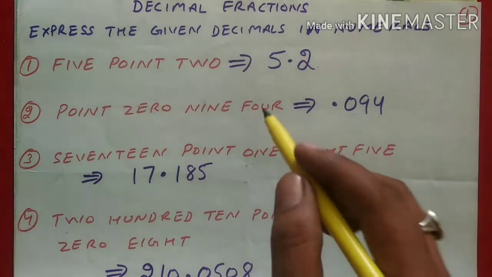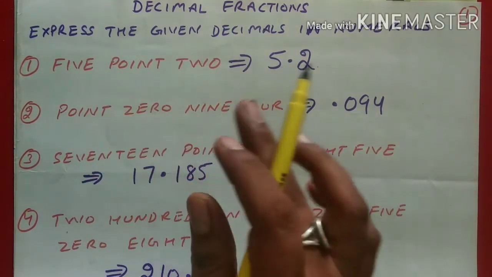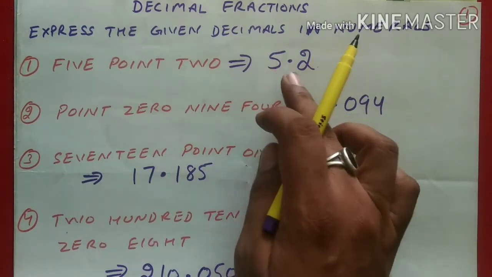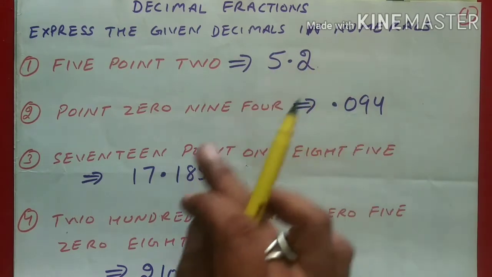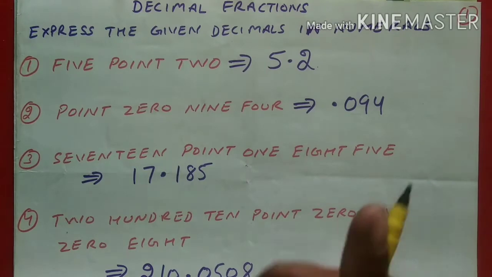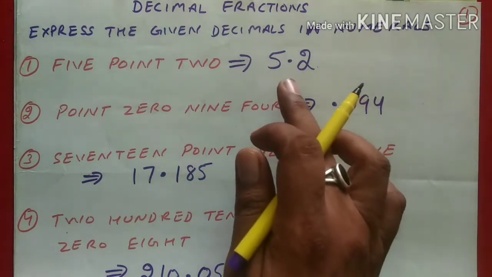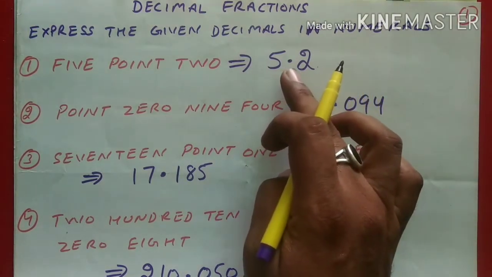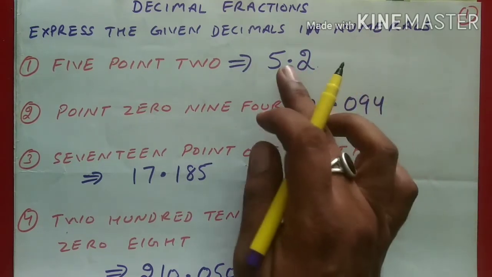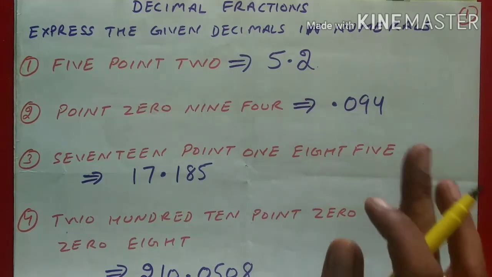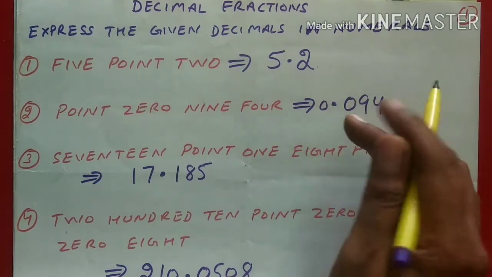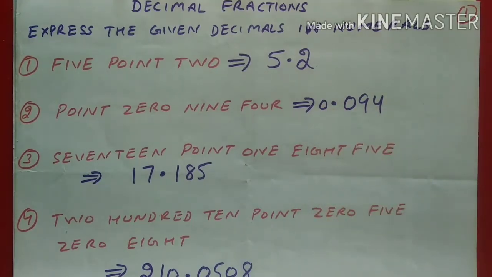Here I am going to explain one thing more. What is this 5.2? 5.2 means after the decimal how many digits are there? Only one digit. So it will be read as 5 and 2/10. And here, you may see that after the decimal there are 3 digits.